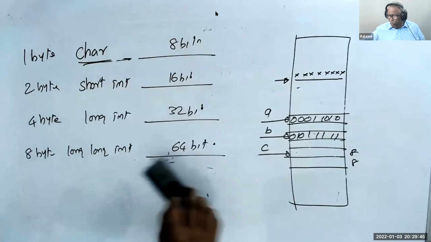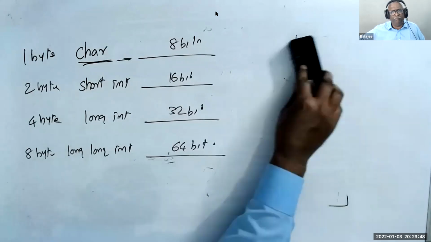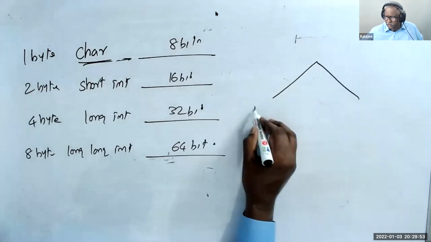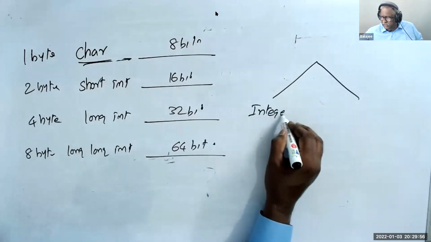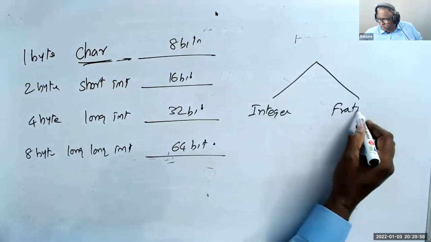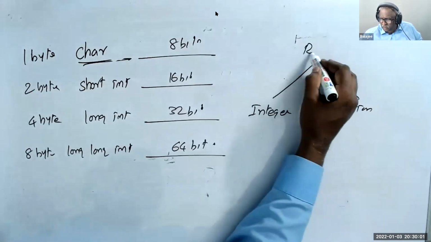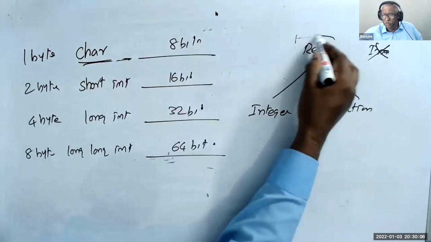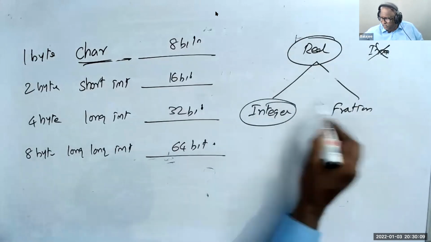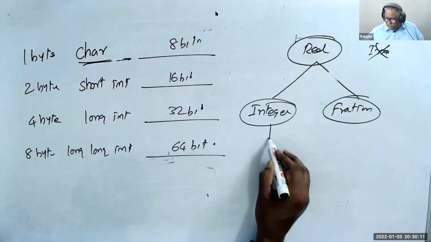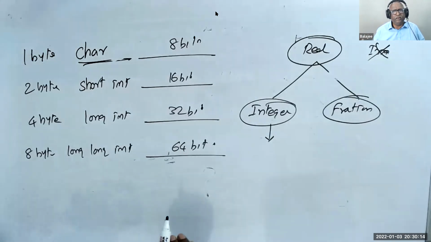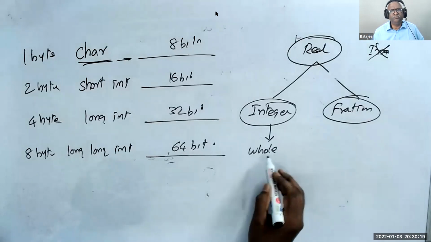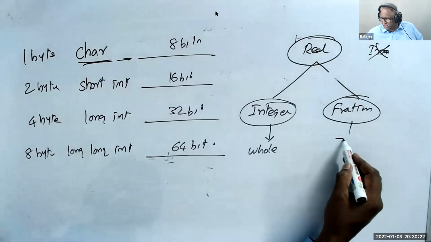Now, let us think about the storage. There are 2 types of numbers we have. One is called integer. The other one is called fraction. The top level is real number and imaginary. Forget about imaginary. We talk about the real numbers. In real, there are 2 types, integer and fraction. The integer means whole numbers, whereas fraction has a decimal.